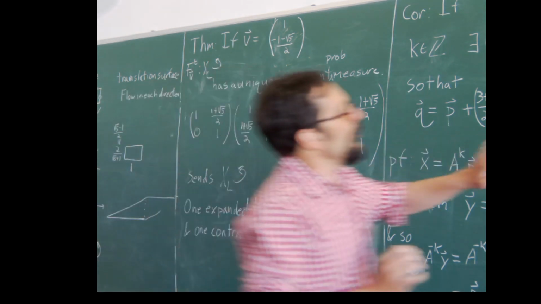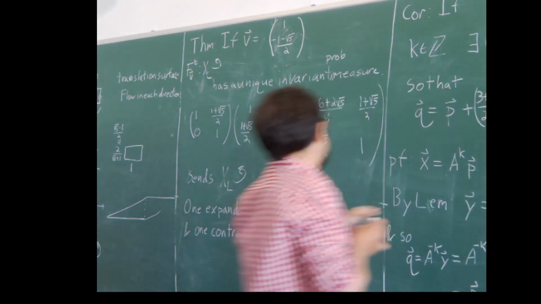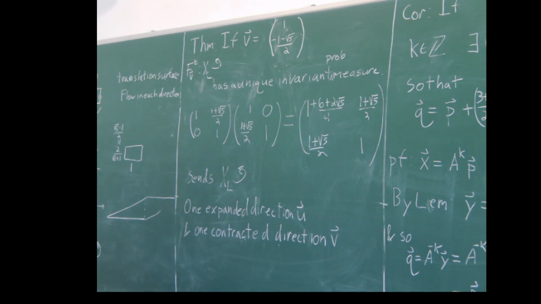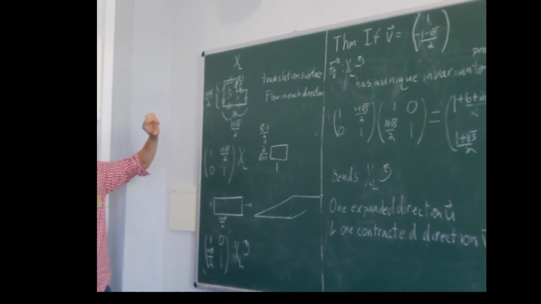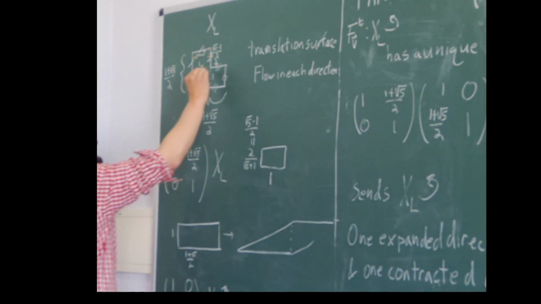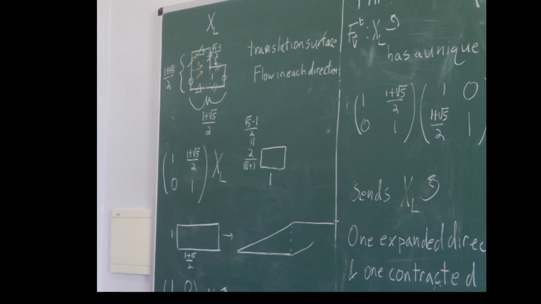As in the situation beforehand, once I got close, I stayed close for all time. Now, Jonathan said something very helpful, which was the fact that there are these funny cone points. He was drawing our attention to the fact that there are funny points. And when orbits get close, they don't need to stay close anymore.